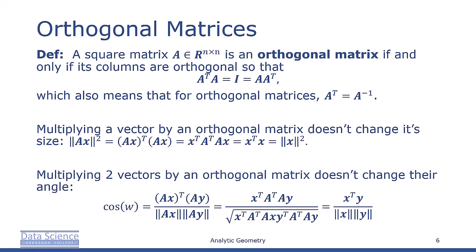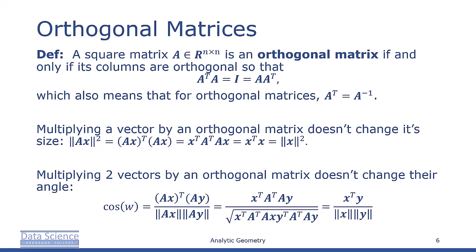The norm of Ax squared is equal to (Ax) transpose times Ax, which is equal to x transpose A transpose times A times x. And because A transpose A is equal to the identity matrix, we end up with x transpose x, which is really the norm of x squared. And again, the reason we square both sides here is just to eliminate the square root. So it's for easier math.